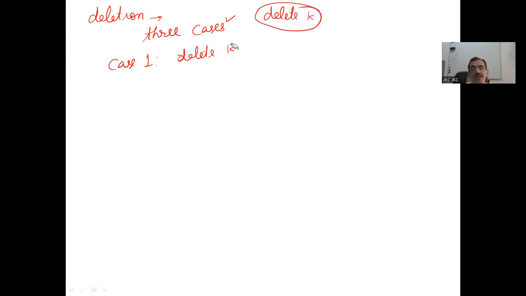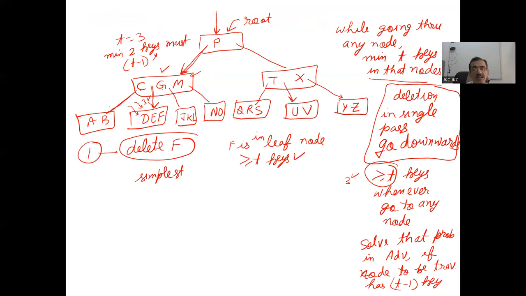So if I'm trying to delete K, let's assume that the first case is K is in a leaf node, and the leaf node has greater than or equal to T keys. So simple deletion, the way we normally do. This will simply mean the corresponding value F is deleted.